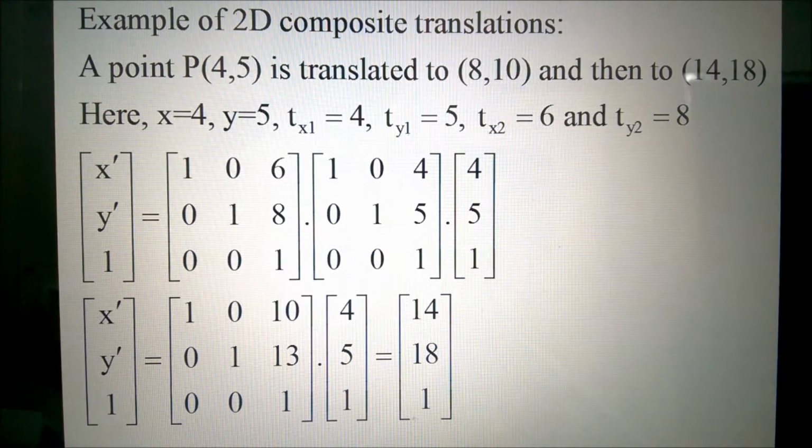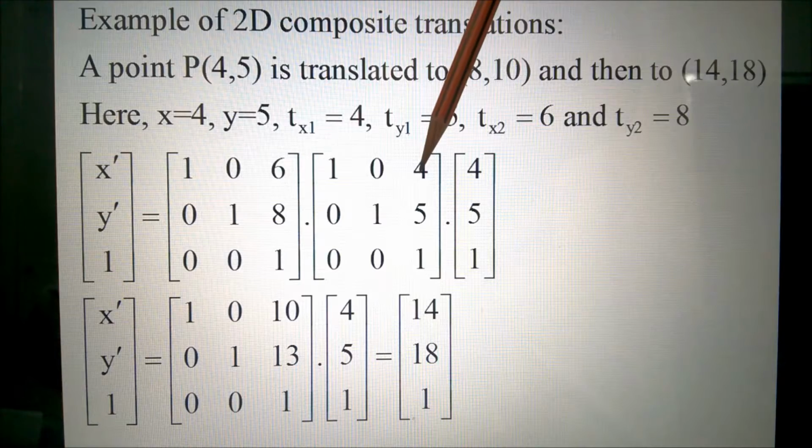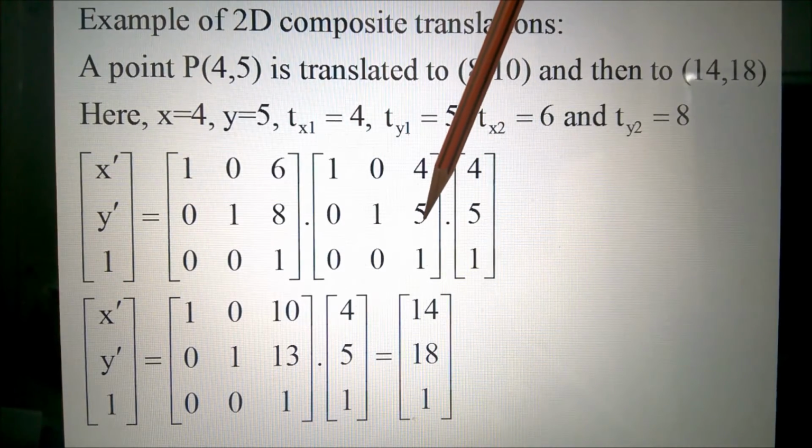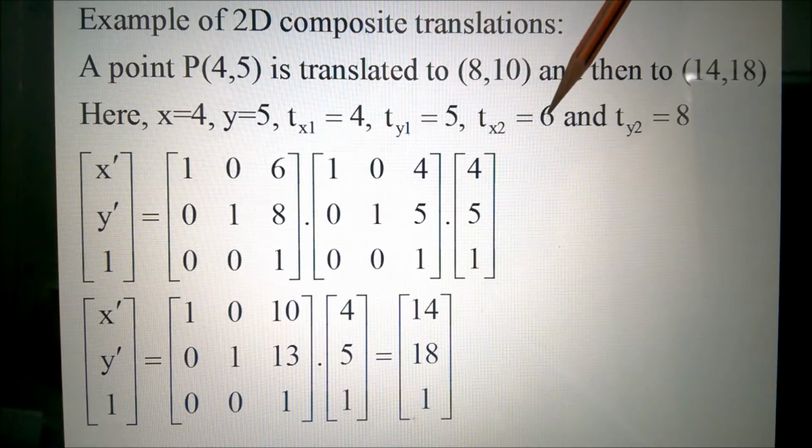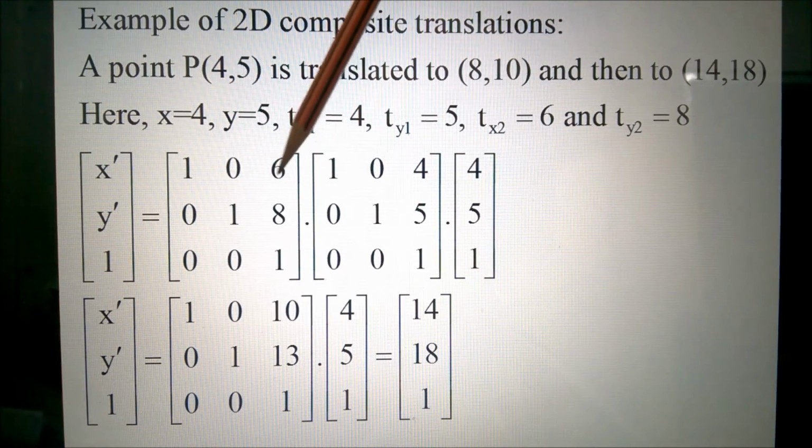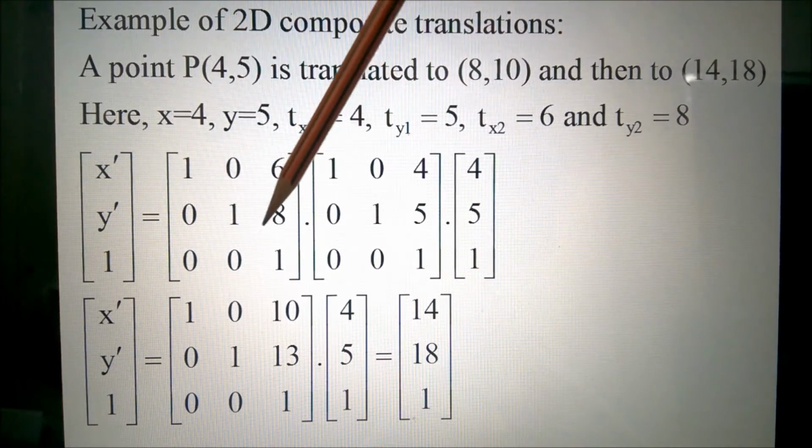Then we substitute here in this case. First tx1 is 4, and ty1 we have substituted 5, and you can see tx2 is 6, and ty2 is 8.